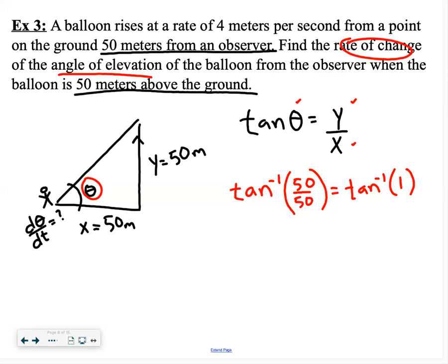You want to make sure that your calculator is in radians, because in calculus, we're always in radians. Tangent inverse of 1, you really have to know the unit circle for this. We know that tangent is y over x. Think of the unit circle, pi over 6, pi over 4, pi over 3. If you do y over x, square root of 2 over 2 over square root of 2 over 2, this would become pi over 4. So tangent inverse of 1 becomes pi over 4.